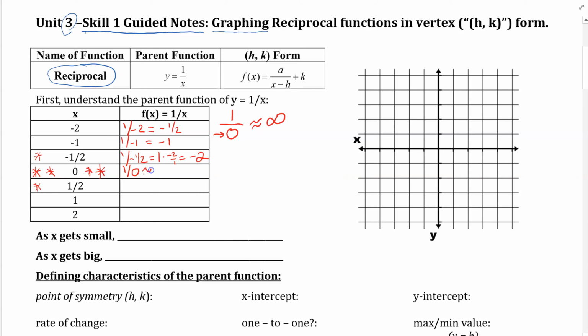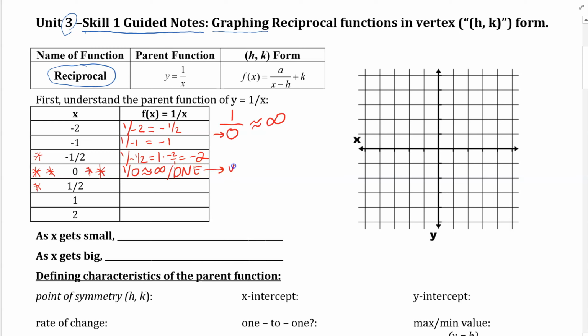So in a very loose sense, this is not technical, when you try to divide by 0, you're producing a very large number. Technically, the value doesn't exist. 1 divided by 0 does not exist. We have no set value for that.